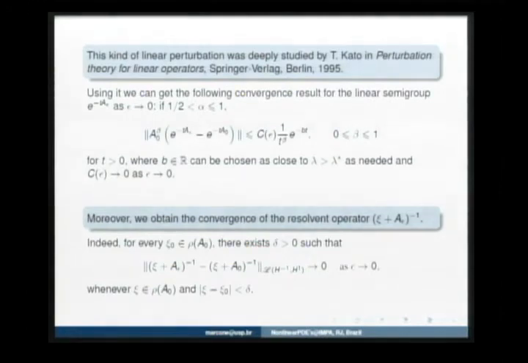So using that estimate, we can show the convergence of the linear semigroup, like here, and we also can show the convergence of the resolvent operator, so we have the convergence of the spectrum of this operator, eigenfunctions, eigenvalues. This kind of perturbation was deeply studied by Kato in his book, Perturbation Theory for Linear Operators. It's a kind of perturbation very well known in the literature.